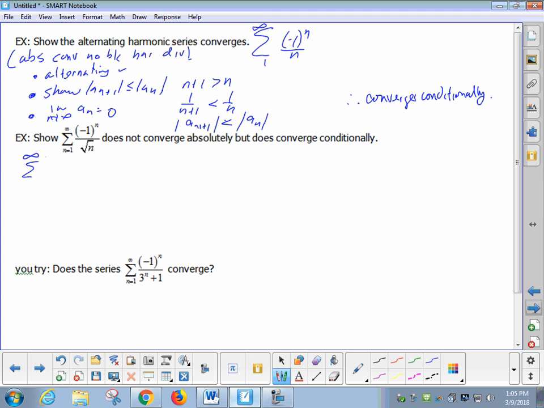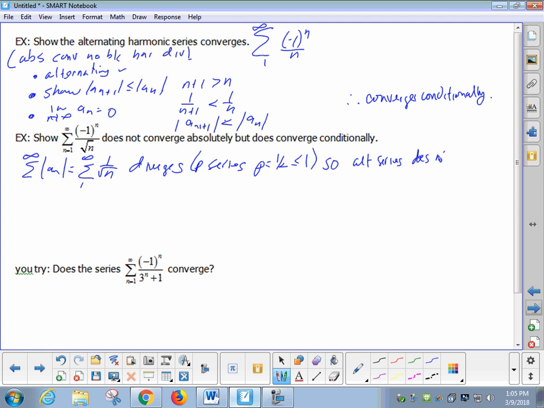So I will look at the positive version. If I took the absolute value, removed the negative, does that converge or diverge? This diverges because it's a p-series with p equal to 1/2, less than or equal to 1.